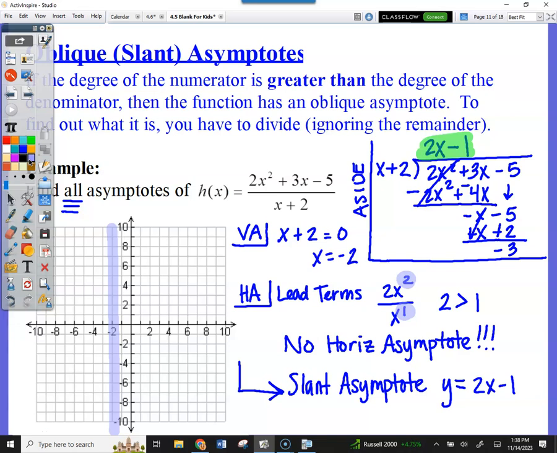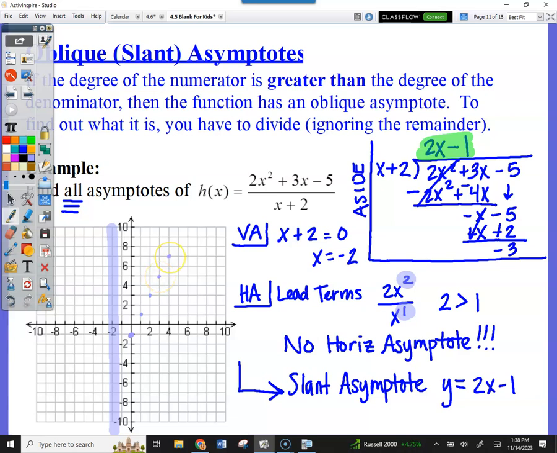To actually graph 2x minus 1, begin with b, but remember it's an asymptote, so don't use your pencil, or make it dotted if you do. So begin with b. b is negative 1. Slope is rise 2, run 1. Rise 2, run 1.